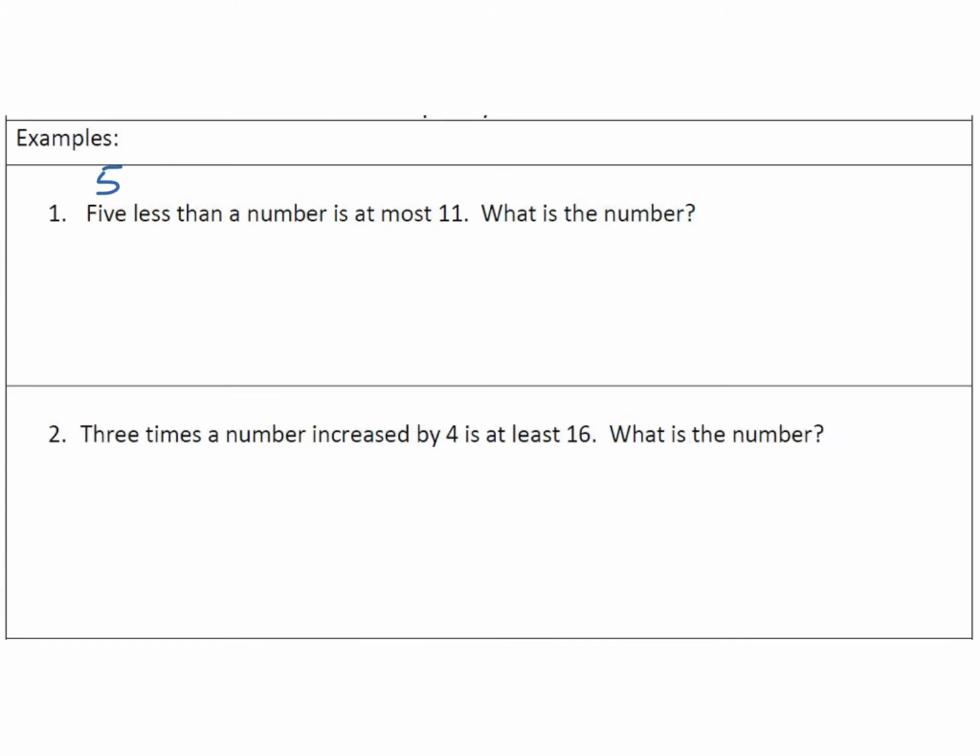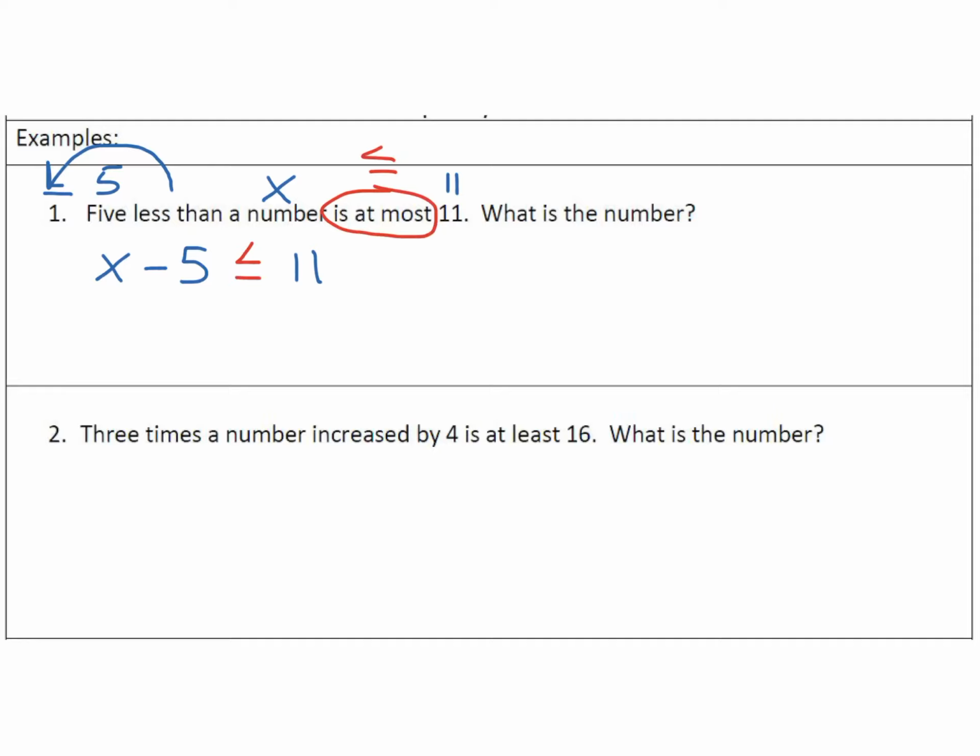Over here, it just says 5 less than a number, and that's the turnaround phrase where I will subtract 5. So 5 less than a number is going to be the x that goes in front there, is at most 11. If you look up above, is at most is our less than or equal to symbol.